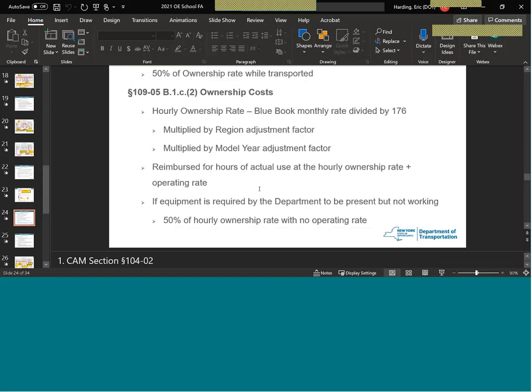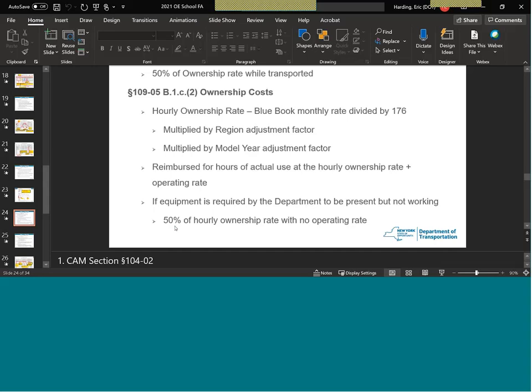If the equipment is required by the department to be present but is not working, so if you have a pump that's on standby, or pumps are typically what I see it on, we pay them 50% of the monthly ownership rate.